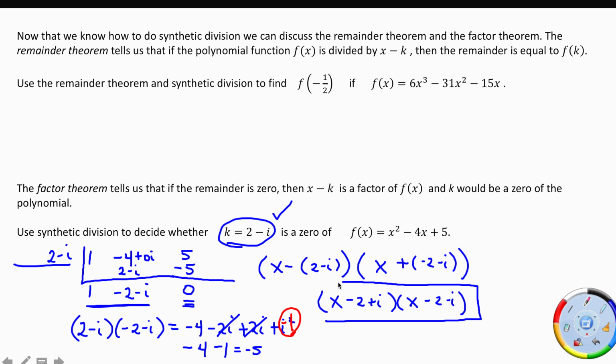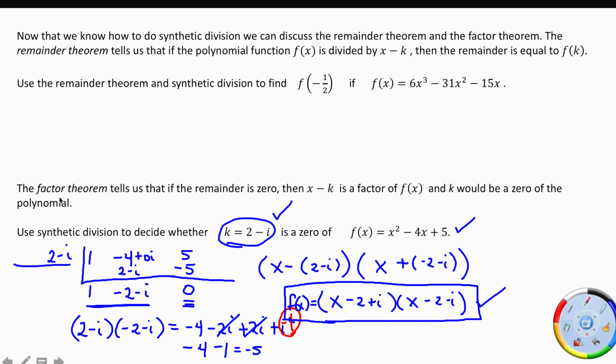So you might see where we're going with this. I was able to factor something that previously I couldn't factor. I was even able to factor it and get complex numbers as part of my factors.